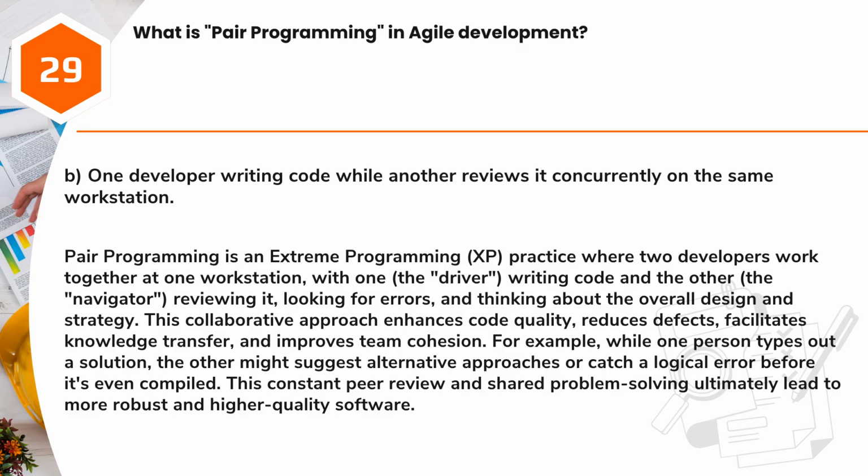This collaborative approach enhances code quality, reduces defects, facilitates knowledge transfer, and improves team cohesion. For example, while one person types out a solution, the other might suggest alternative approaches or catch a logical error before it's even compiled. This constant peer review and shared problem-solving ultimately lead to more robust and higher quality software.